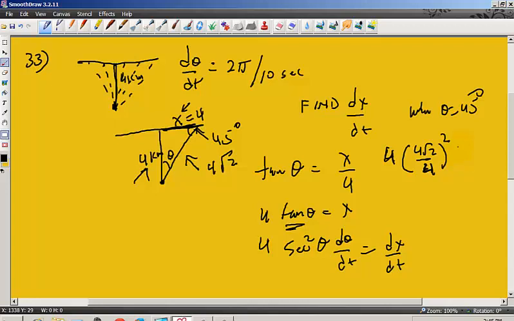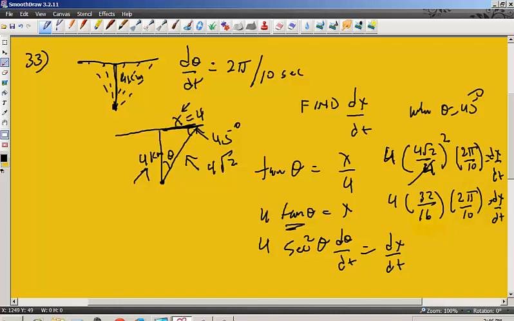What's my d theta/dt? Which is 2 pi over 10, which is my dx/dt. The 4 is not going to cancel. I've got to square that, so I'm going to have 4 times, that's 16 times 2, which is 32, all over 16, times 2 pi over 10, which is my dx/dt.